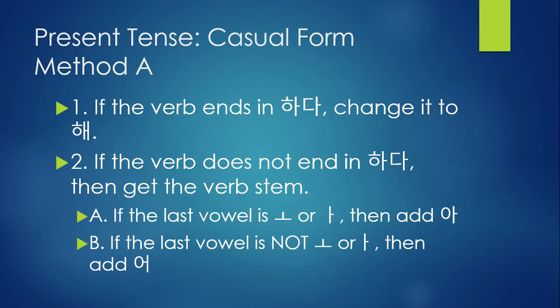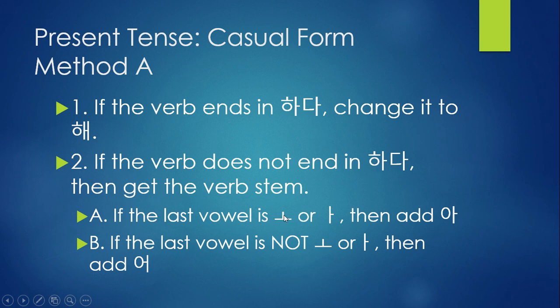Okay, now let's go to casual form. For the casual form, it's just like the polite form. In fact, the steps and the rules are practically the same. Remember, if the verb ends in hada, change it to he. Instead of heyo, we just change it to he. If the verb does not end in hada, get the verb stem.